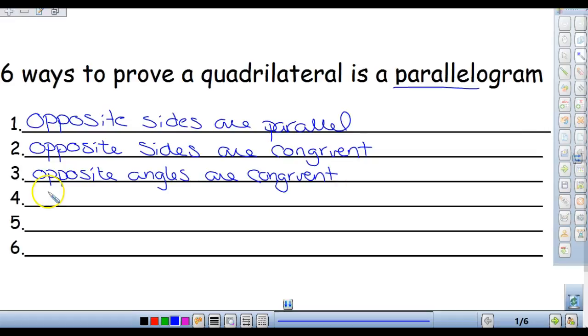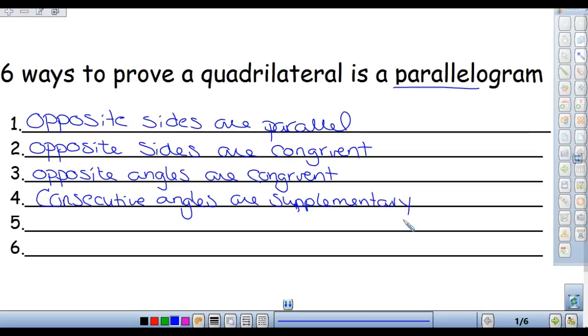Yeah, so if I have consecutive angles being supplementary, so if my consecutive angles are supplementary, I have a parallelogram.